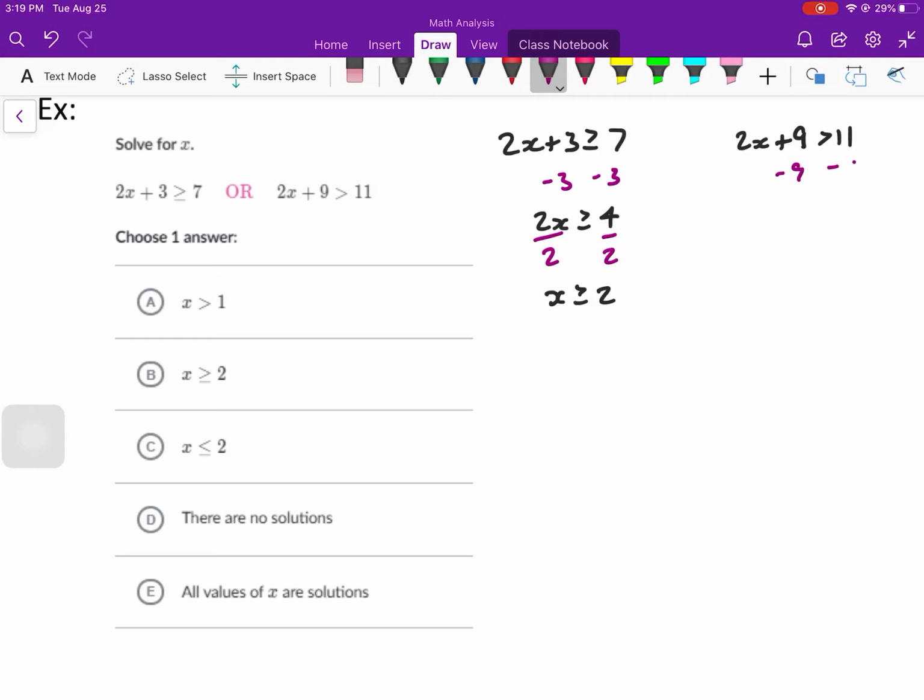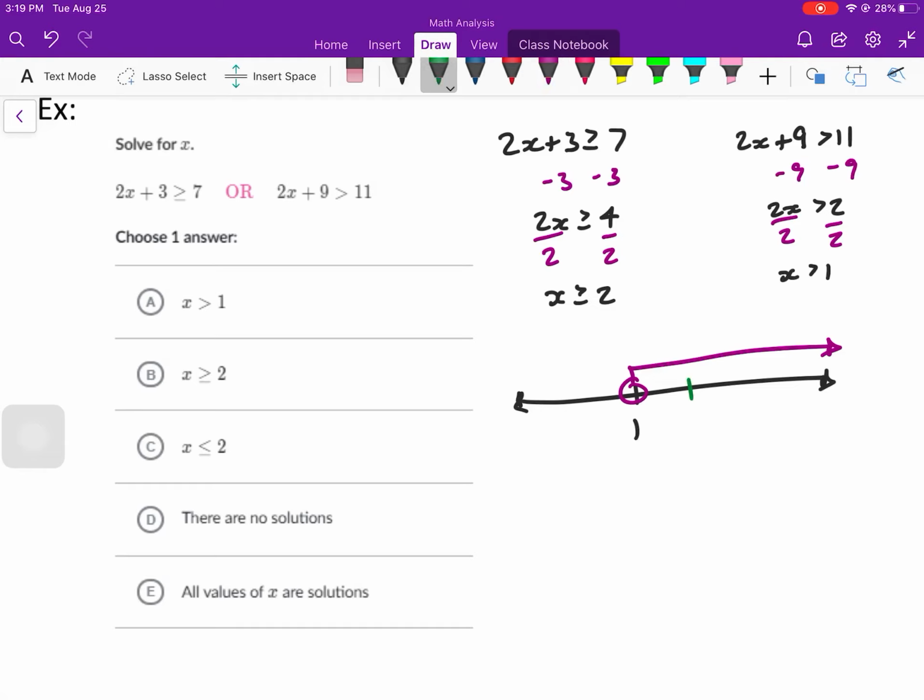Then for the other one, so let me do the number line. x is greater than 1. So let's start with this one. I'll do that in purple. And so x is greater than 1, or x is greater than or equal to 2.